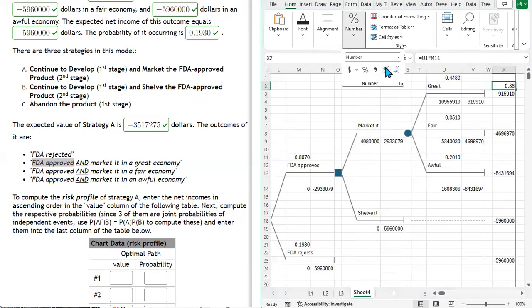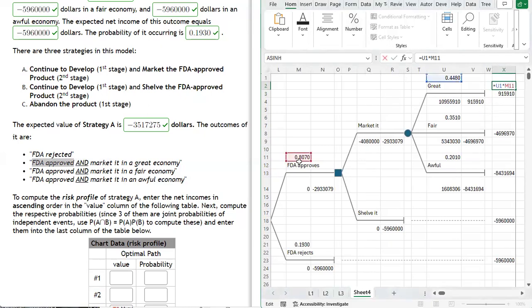We need 4 decimal places. Now, I'm going to copy this. I'm going to put a $ sign in front of row 11, because when I copy this, it will automatically calculate the 2 other joint probabilities.